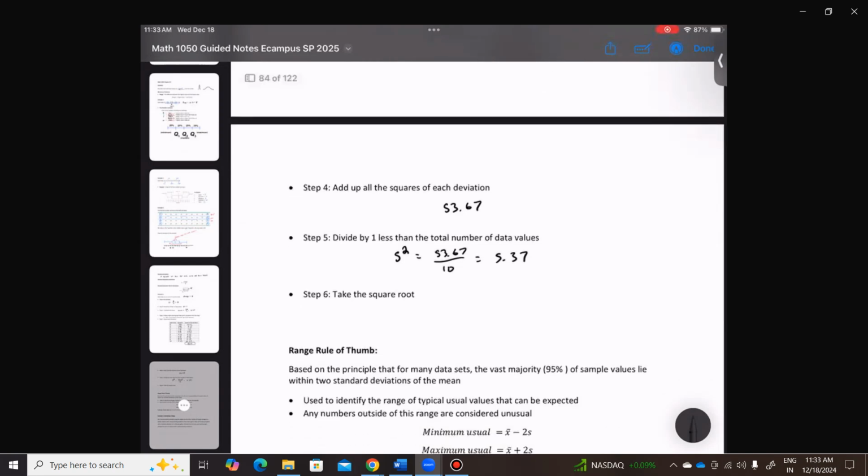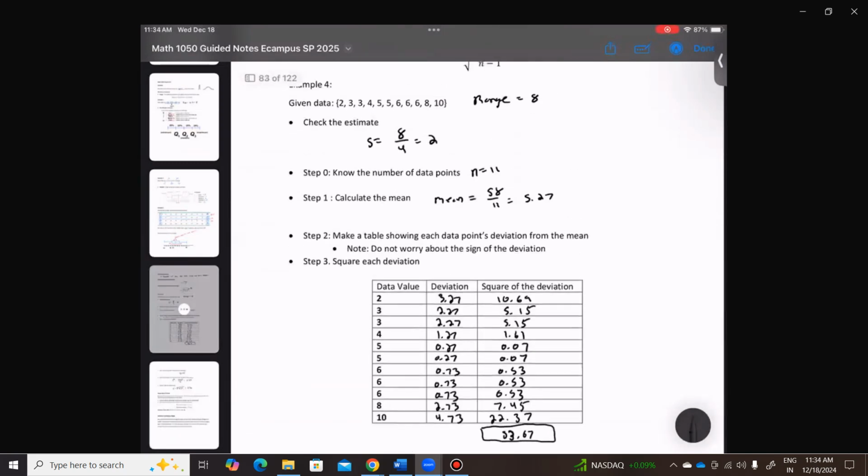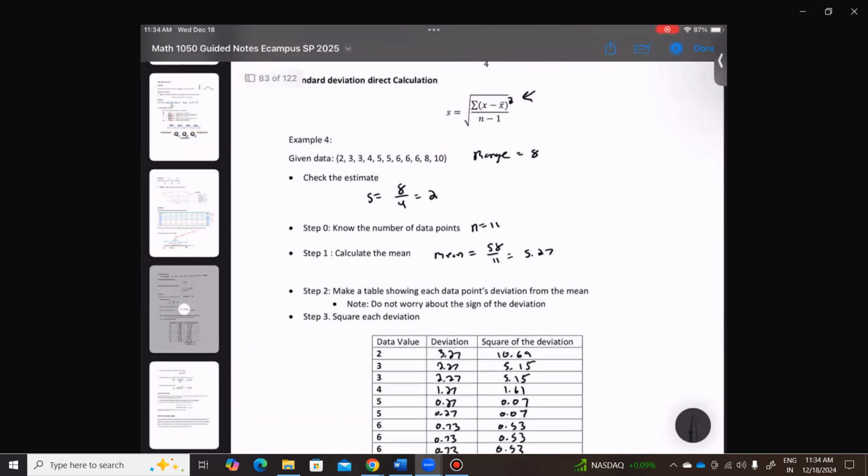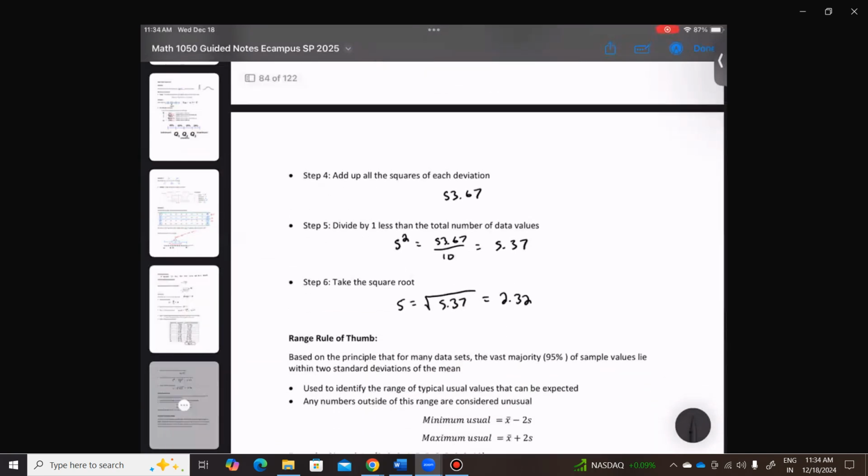Then we take the square root, and that will give you your standard deviation, which is going to be about 2.32. Which is somewhat close to our estimate of 2. But this is the actual standard deviation.